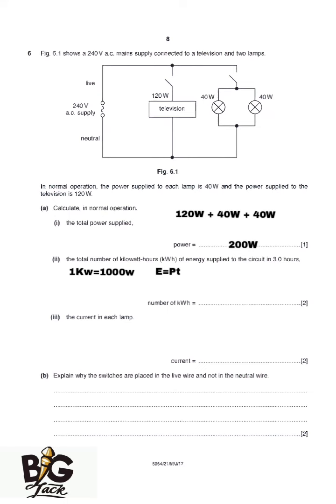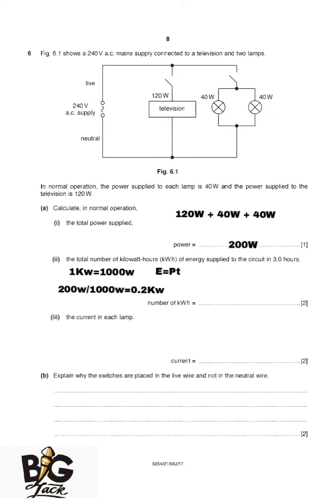I need to convert 200 watts into kilowatts, so I divide 200 watts by 1000 watts. The answer is 0.2 kilowatt.